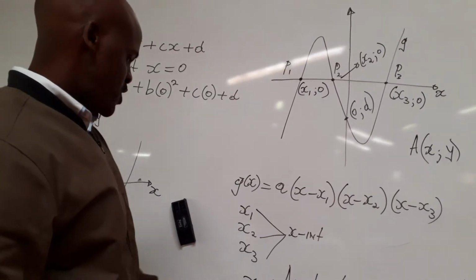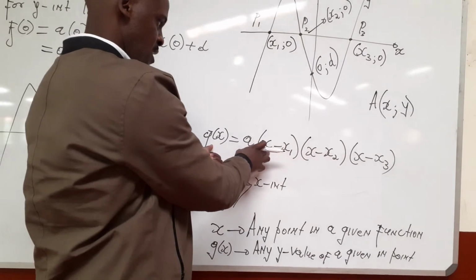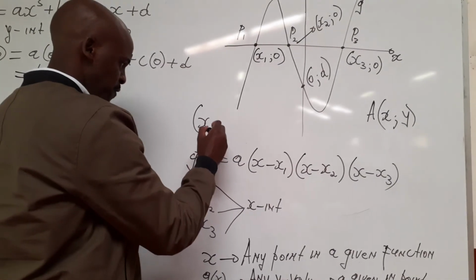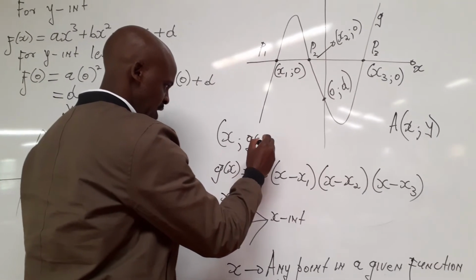Right, which means g and x are together. Therefore, this point will say x is to g at x.